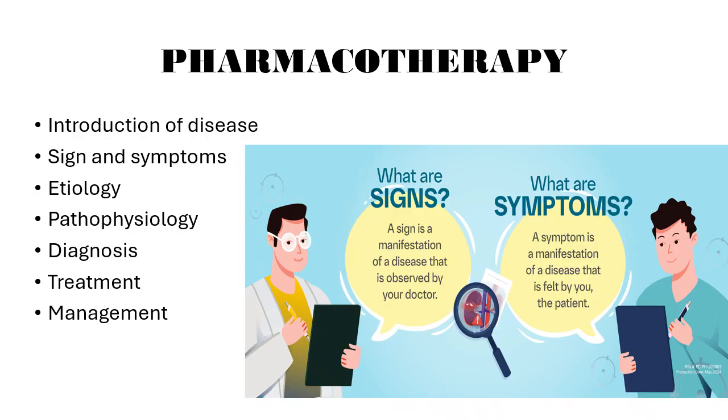As we know these are the signs and symptoms, these are the causes, next we have to explain how these causes started these diseases by which the patient is showing all these signs and symptoms. Once we understand all those things, then we come to the proper diagnosis. So the patient is having this particular disease. Once the diagnosis is done, based on that, we will go with treatment and management.